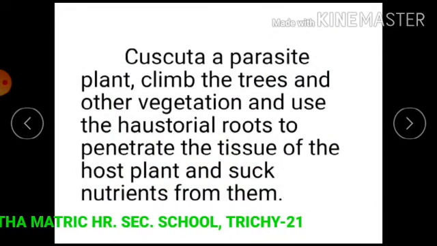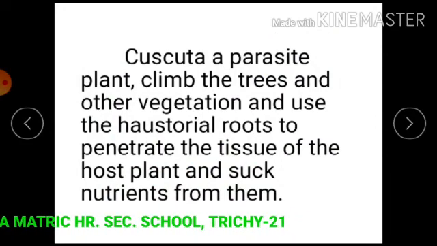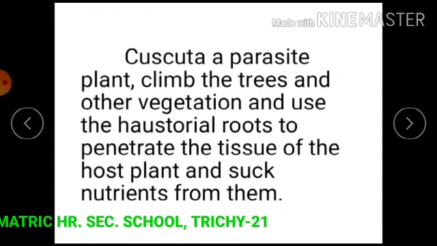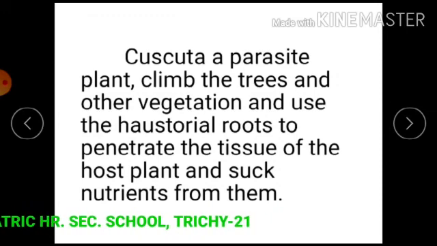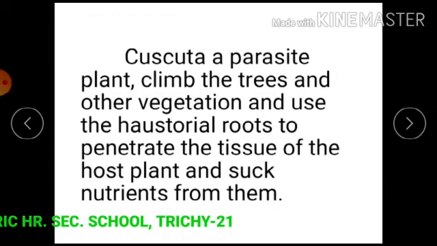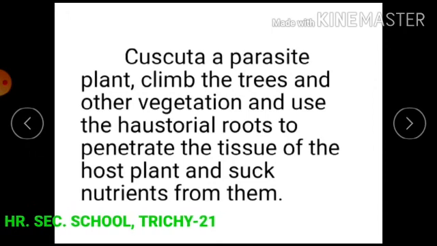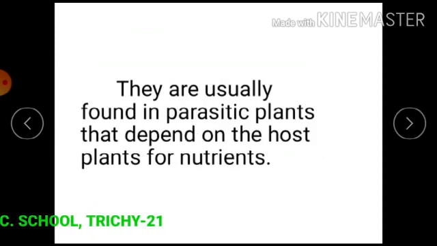Cuscuta, a parasite plant, climbs the trees and other vegetation and uses the haustorial roots to penetrate the tissue of the host plant and suck nutrients from them. They are usually found in parasitic plants that depend on the host plants for nutrients.